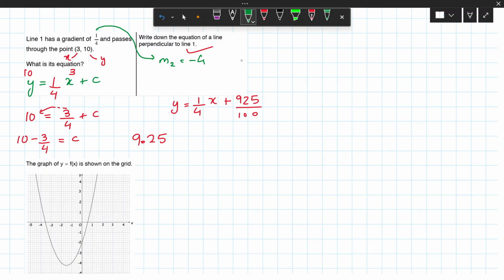Because 4 over 1 is 4. So we could write y equals negative 4x, and you can choose any number because they haven't really mentioned what the other point is. So any number of your choice could be the y-intercept. So the answer for question 2 is y equals minus 4x plus any number of your choice.